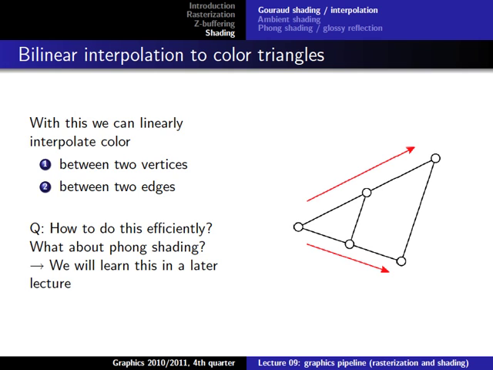If we have the colors at the vertices, C1, C2, C3, which I write as a vector because we have 3 values for each, a red, a green, and a blue value, RGB values, then we can interpolate these vectors along the edges, and we can interpolate between the values on the edges. So we can also do the interpolation here and here. You already know this from the very first practical assignment.